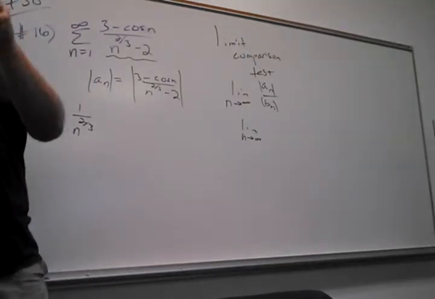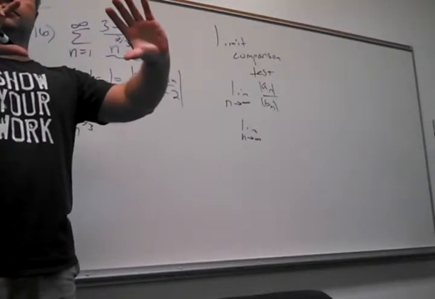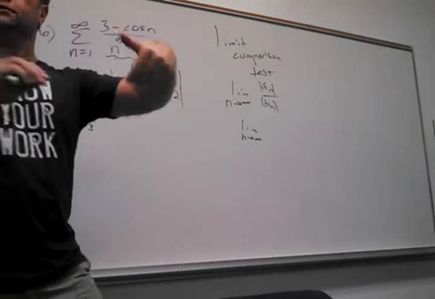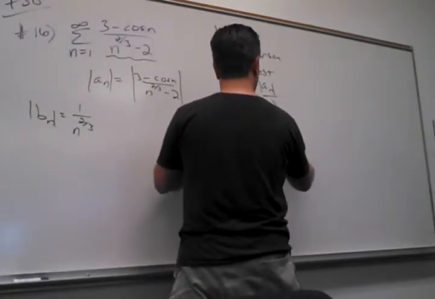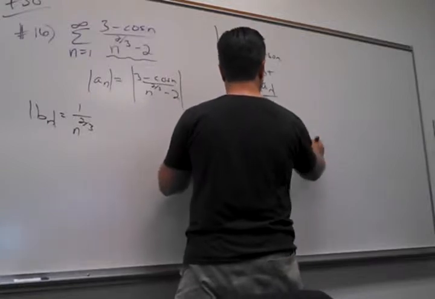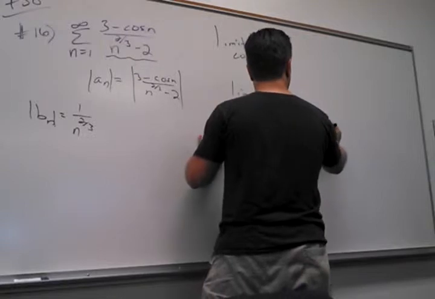So what have we figured out now, finally, after doing some of these? I just want to put an, and then I can put the reciprocal of bn next to it. Good. So I get (3 minus cosine n) over n to the 2/3 minus 2, divided by that, so times that.